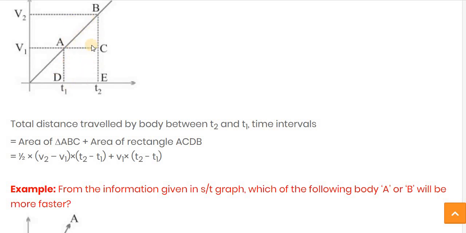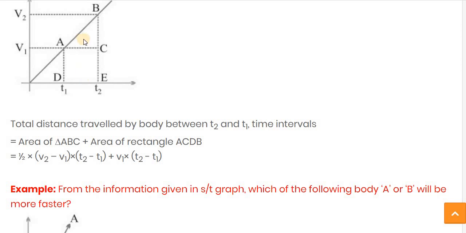We have to find this area. This figure is made up of two things, the triangle and the rectangle. If we sum both, we get the total distance traveled by the object in the T1 to T2 time interval.